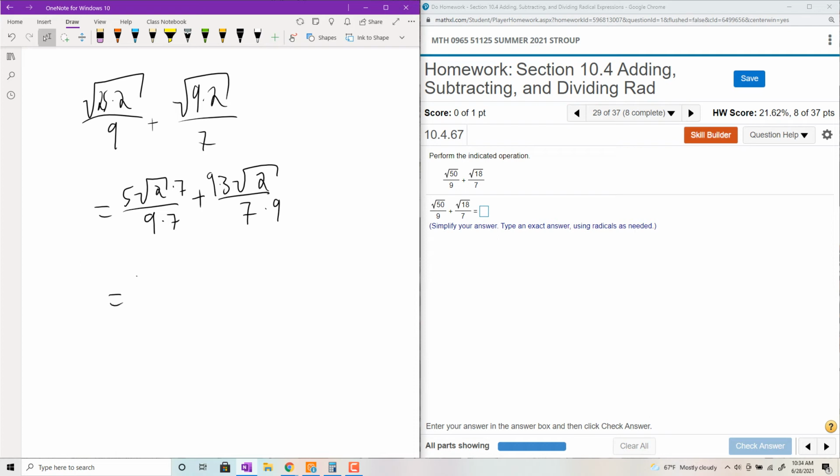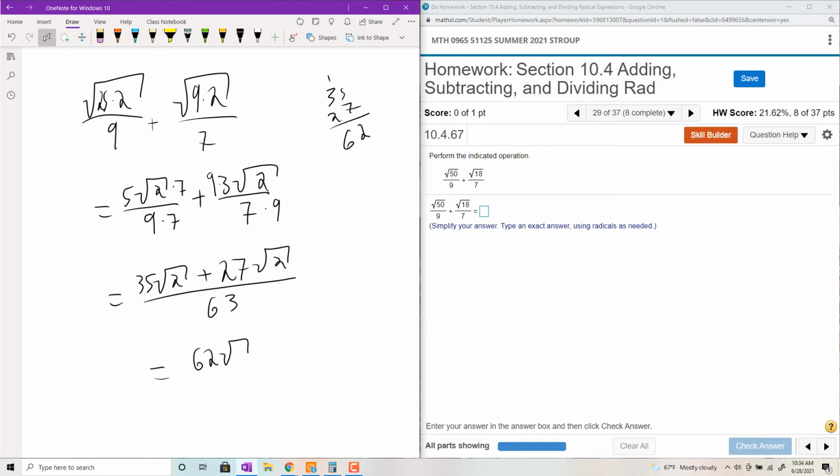Okay, so we get 35 root 2's plus 27 root 2's all over 63. Adding together, 35 plus 27 is 62. 62 root 2's over 63. Not much you could do with that.